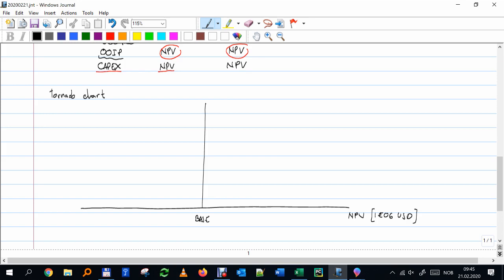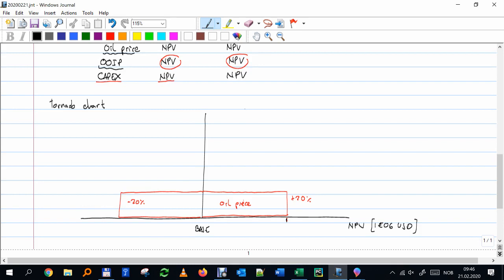Then you say, what happens if I increase the oil price by 20%? I get a block like that. The NPV will increase up to here. So you say oil price plus 20%, oil price minus 20%, and here you have the value of the NPV, this NPV that I mentioned before in the table.